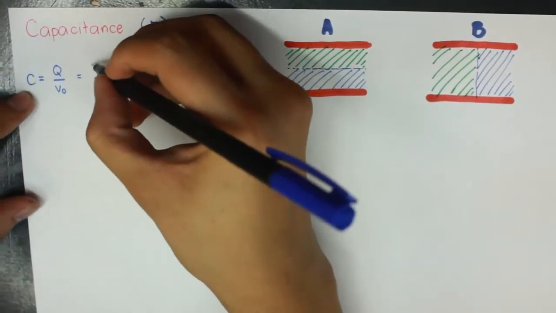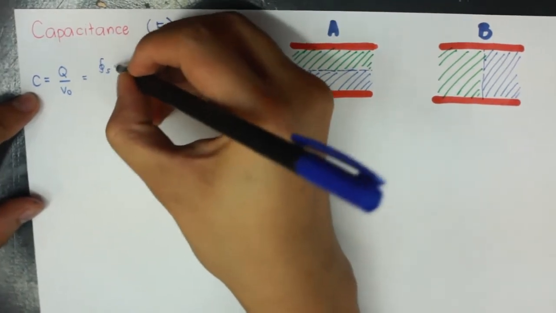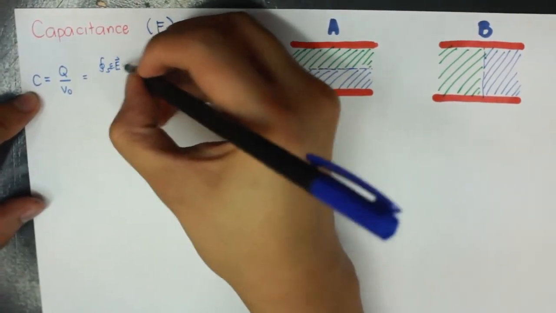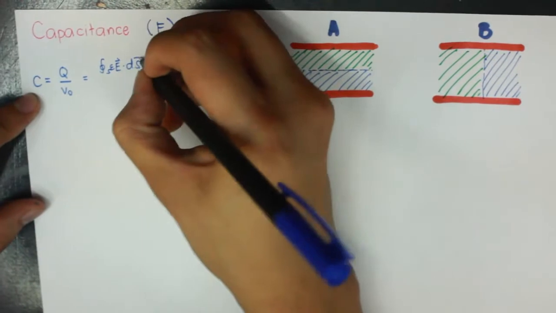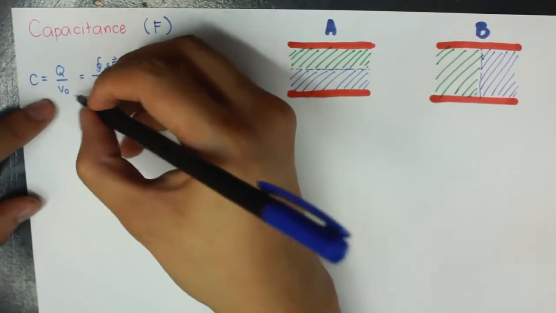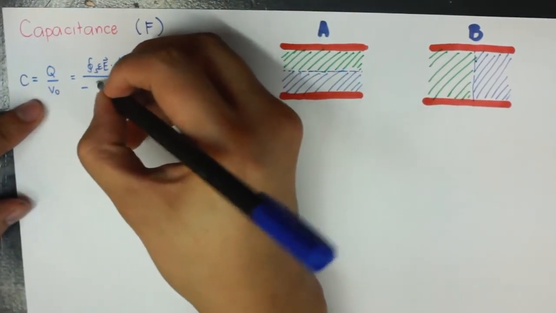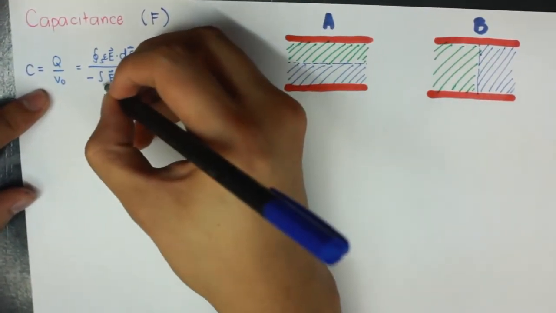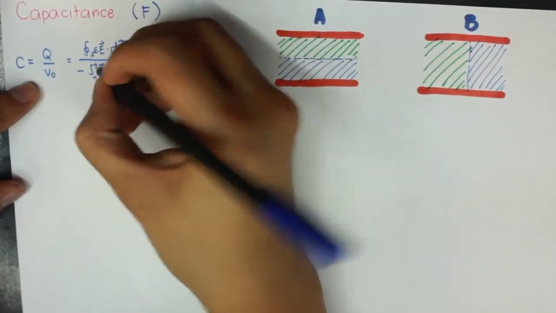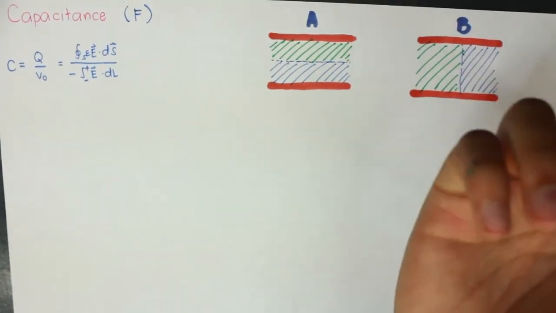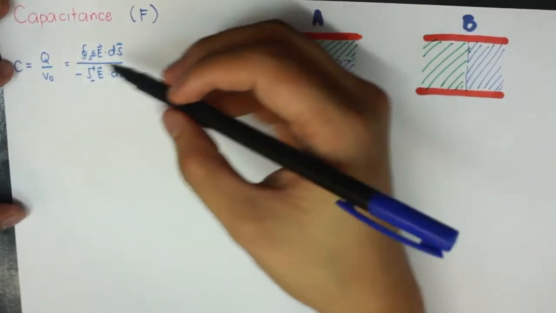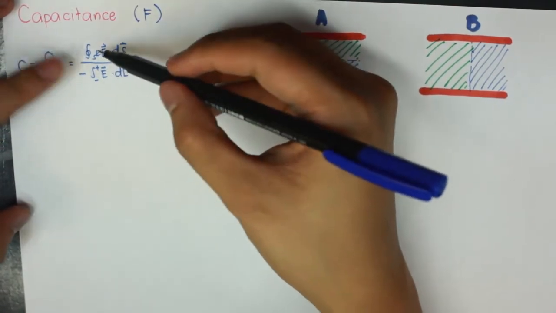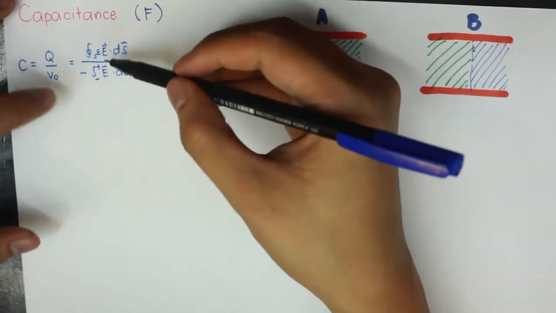And Q equals epsilon E dot ds. And yung potential ay line integral ng electric field from negative to positive potential, increasing. So here, we can see na parehas lang function ng electric field.